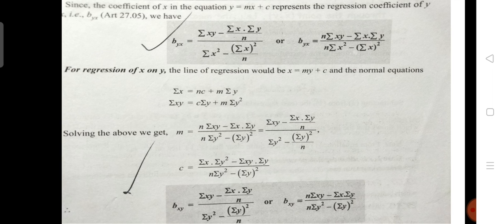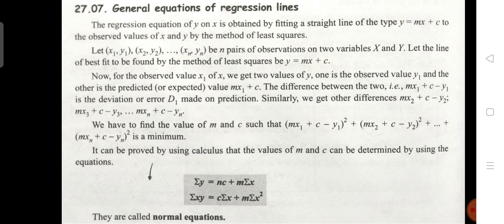Since the coefficient of x in the equation y is equal to mx plus c, we can represent the regression coefficient of y as myx. myx is equal to (sigma xy minus sigma x into sigma y by n) divided by (sigma x square minus sigma x the whole square by n). Okay, that is the equation. Here sigma xy is c into sigma x plus m sigma x square, and sigma y is nc plus m sigma x.